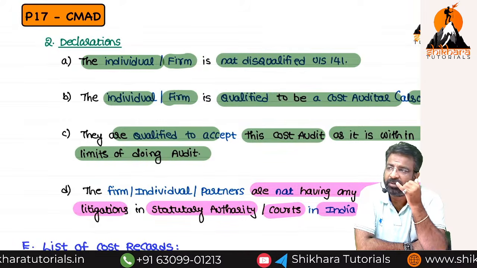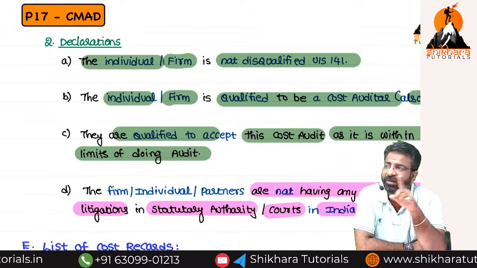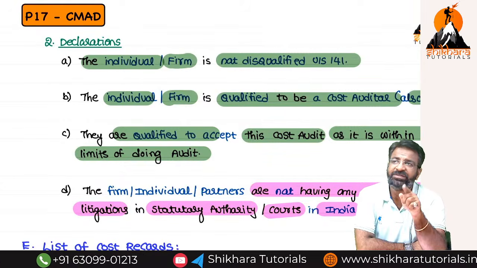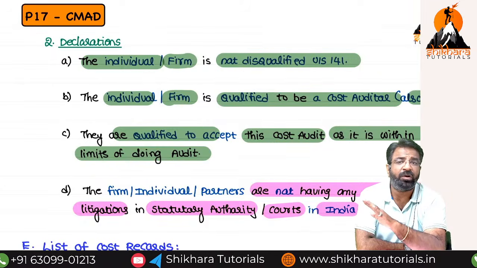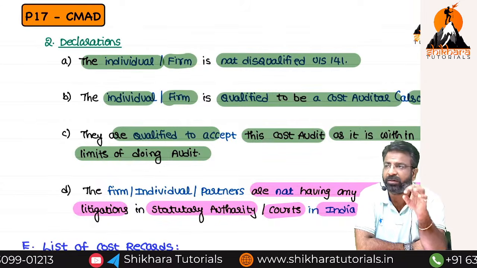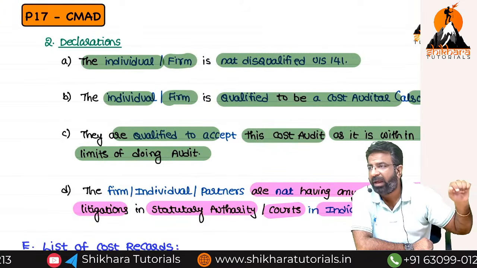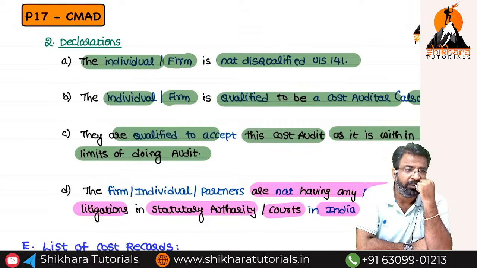Overall annual turnover from the manufacturing or production of goods and services should be greater than equals to 50 crores and turnover of such goods and services which we manufactured for which cost records are required to be maintained, that should also be greater than equals to what? And the same limit is 100 crores or more or and 35 crores or more in case of which sector? Are you getting the point?